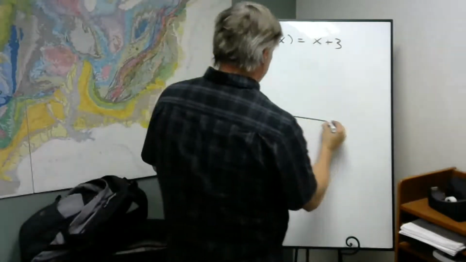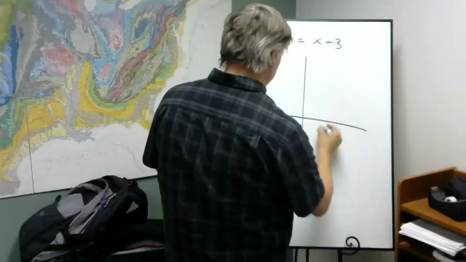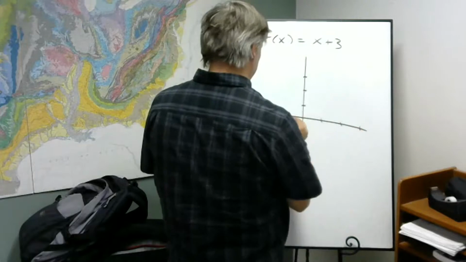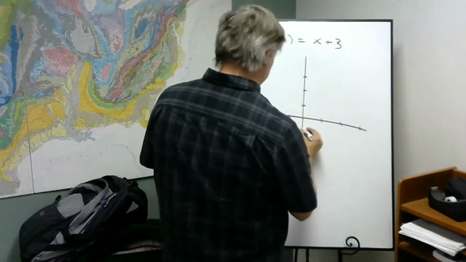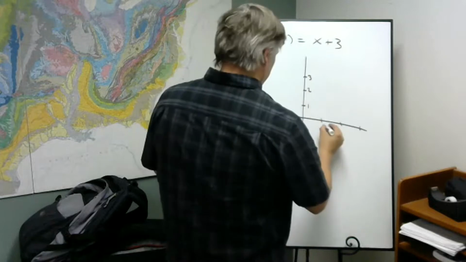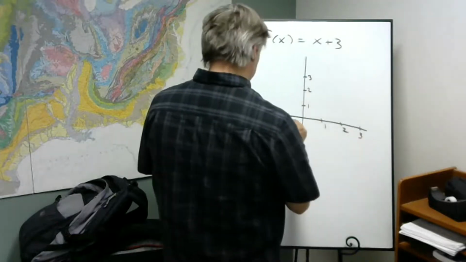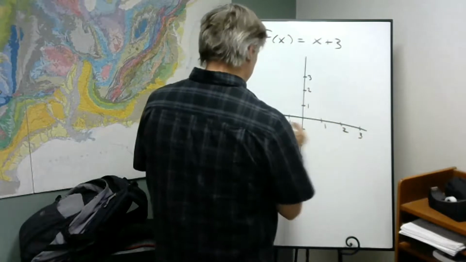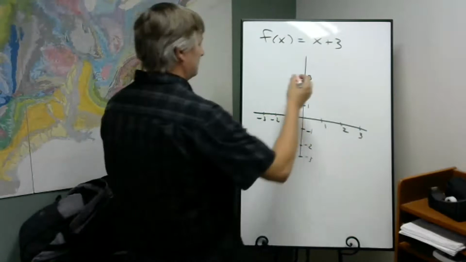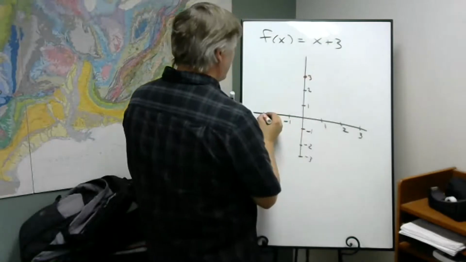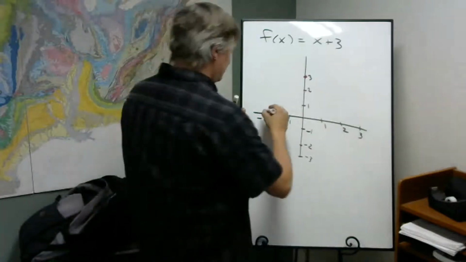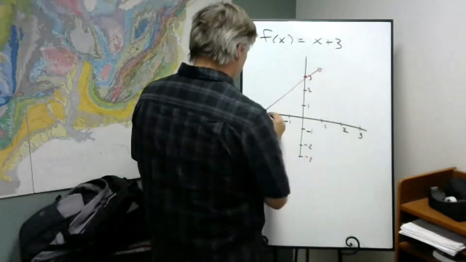Graphing this, it's going to go from here to here. So I'm going to draw this line. So there's x plus 3.